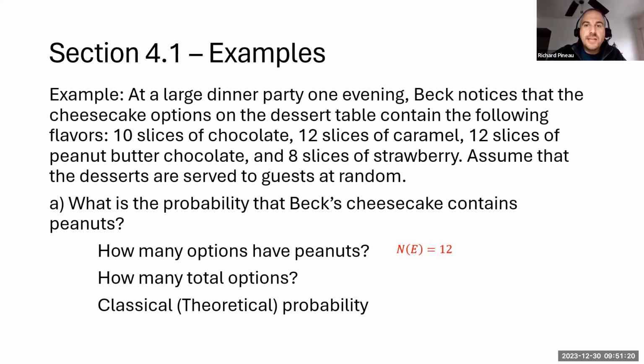So let's see, N of E in this case would be 12. So how many options have peanut butter? I only see 12. Yep, peanut butter chocolate. Okay. And how many total should be 42? So if we add up 12, 12, 8, and 10, that comes up to 42. So the probability here is 12 out of 42, 2/7, and you have the decimal representation. So again, pick which representation you wish to use.